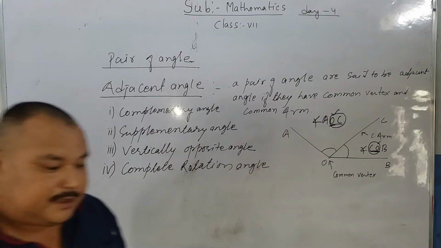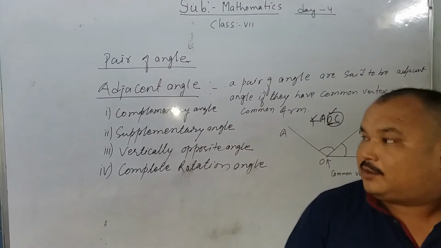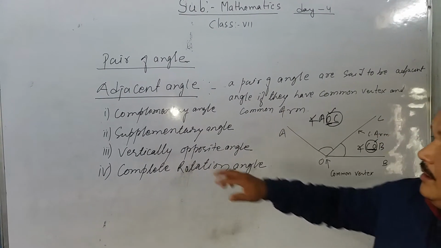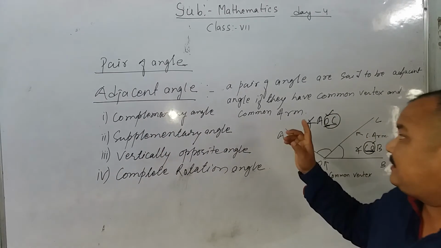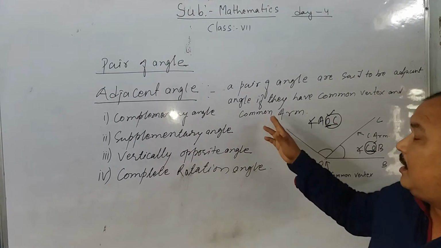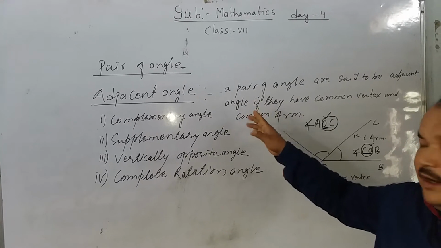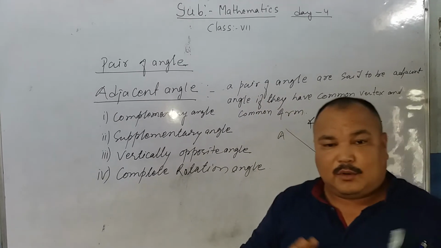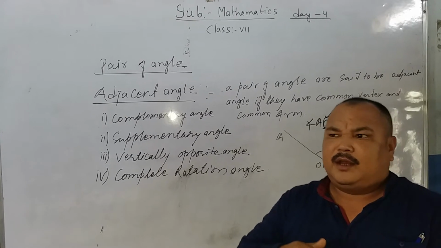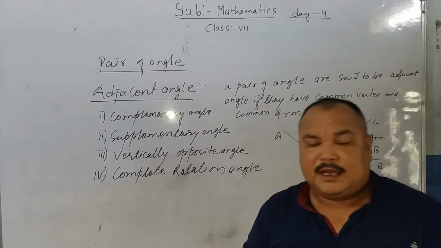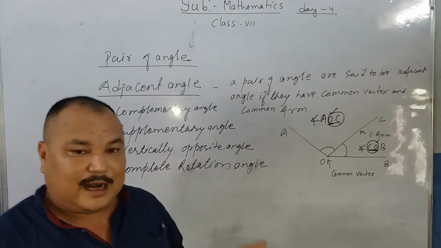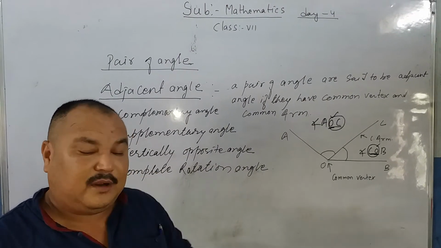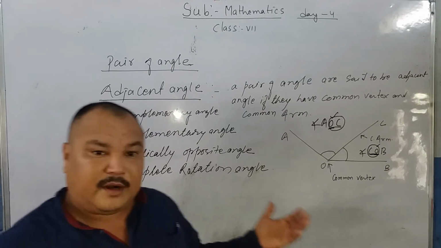So my dear students, today we learn complementary angles. As I said, adjacent angles have no definite measure. They can have an acute angle adjacent, a reflex angle adjacent, a straight line adjacent, a complete turn adjacent.